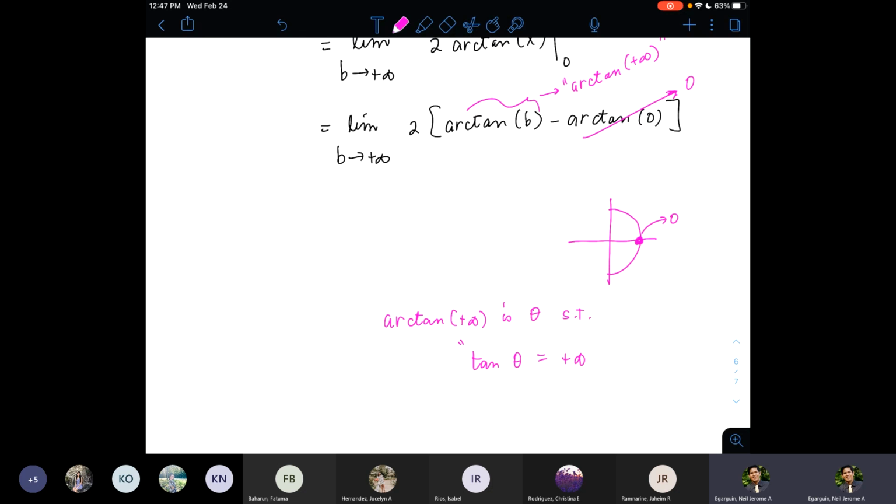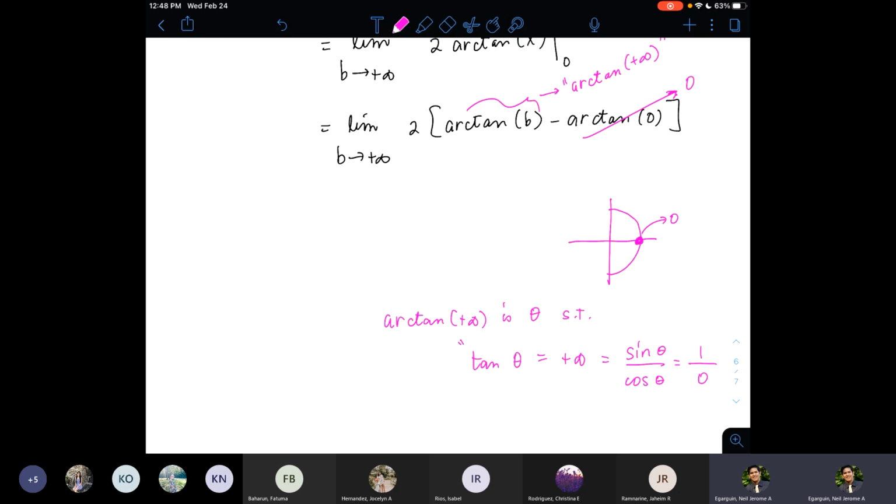Okay, but remember that tangent is sine theta over cosine theta. So basically, how do we get an infinity out of sine over cosine? Remember, we get infinity when the denominator becomes very, very small, right? So I'm looking for a denominator of 0, and cosine is 0 when the numerator, sine, is equal to 1.